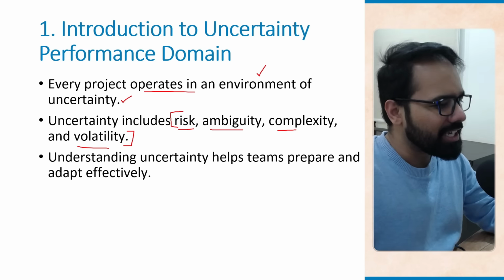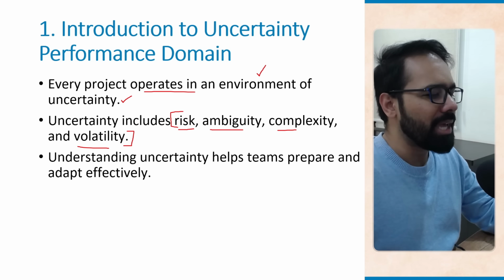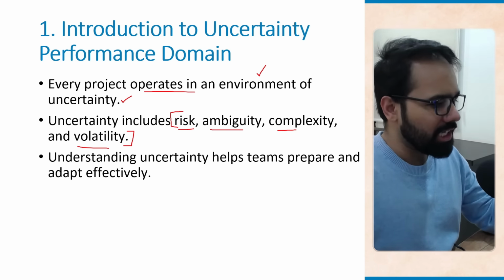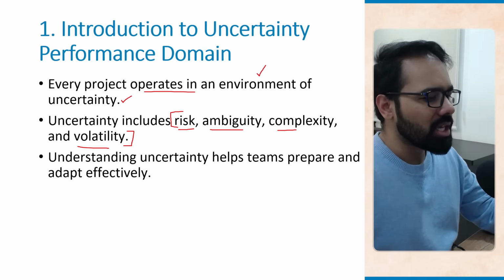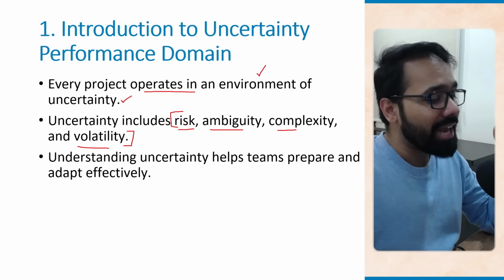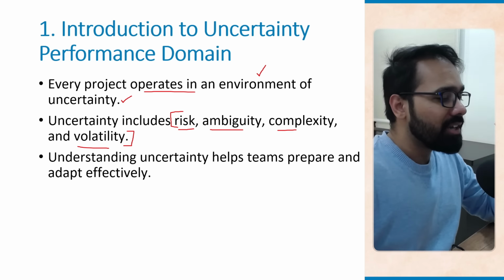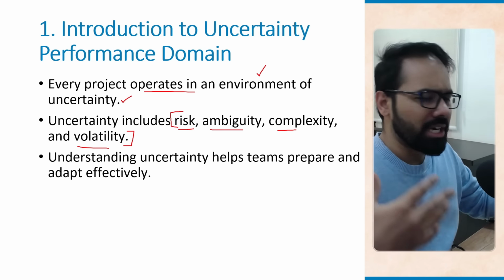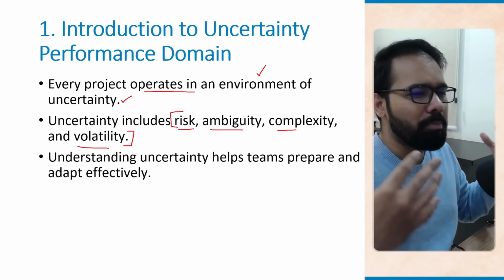Understanding uncertainty helps teams prepare and adapt effectively. So when a project team recognizes what they don't know, they can proactively plan responses and build flexibility into their processes instead of reacting later and panicking later.